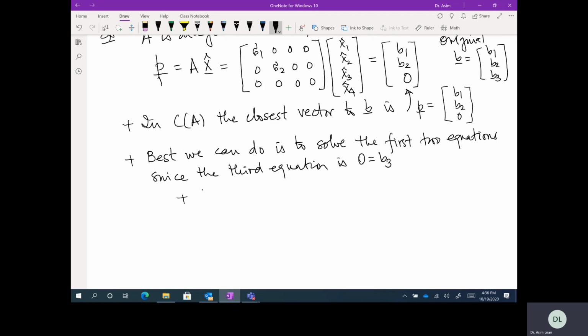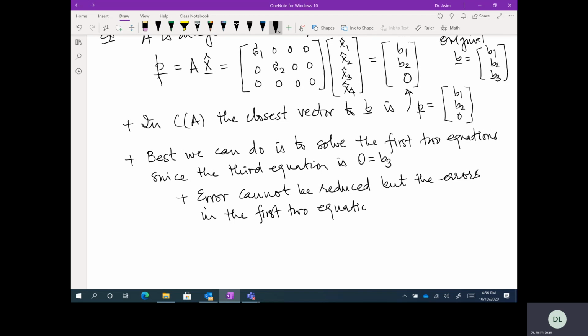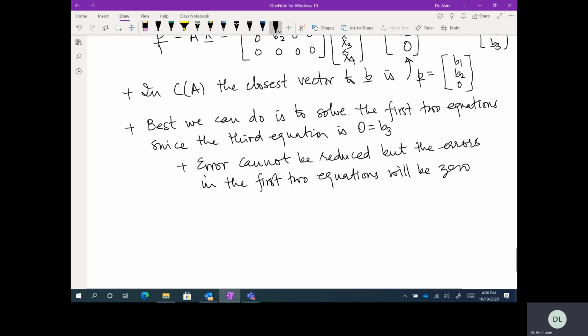So the error cannot be reduced. But the errors in the first two equations will be 0.